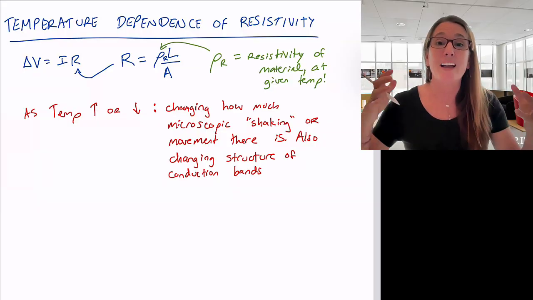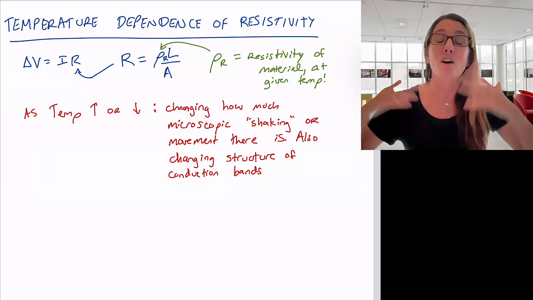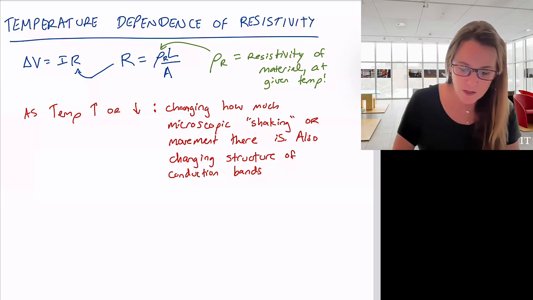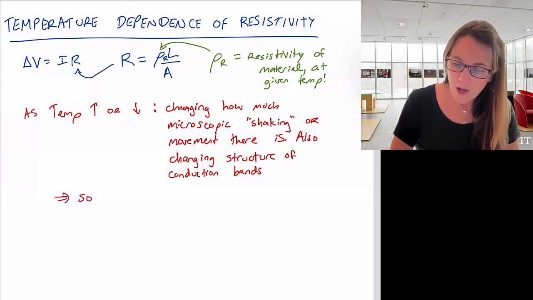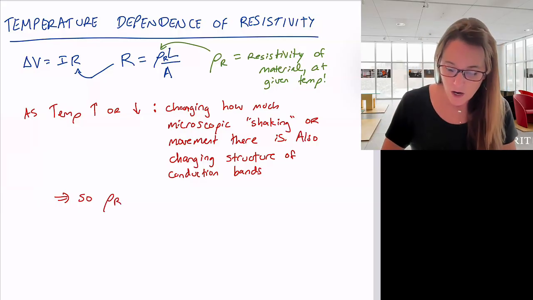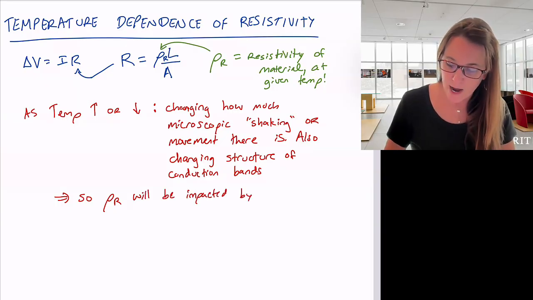If you give things more energy, then some things might be able to make it up to the conduction band that couldn't make it before. And so for all of these reasons, a given material will have a temperature-dependent resistivity, will be impacted by temperature.